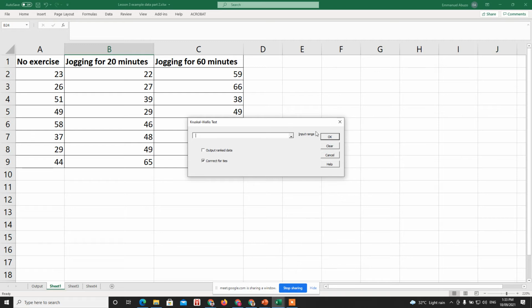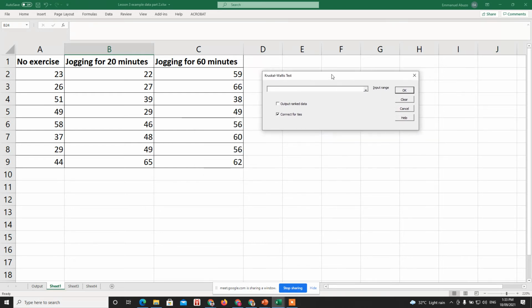So what we are going to do here is, after you open the prompt, you're just going to highlight the data, and then check the correct for ties, because as we had seen in the presentation, the Kruskal Wallis involves rankings.